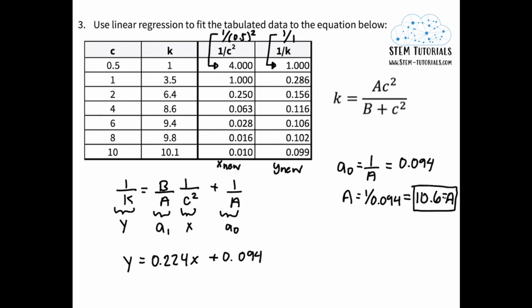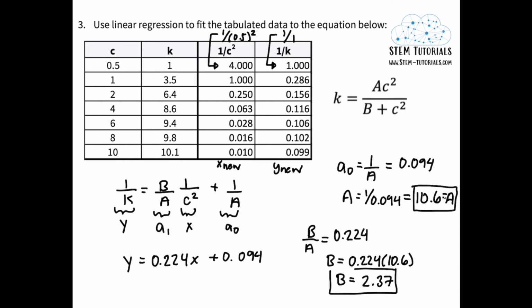Looking at b, looking at this term here, we know that our b over a equals 0.224, our slope. Rearranging, we get that our b equals 0.224 times the 10.6 we just calculated for a. So our b will equal 2.37. And with this, we've wrapped up the third question.